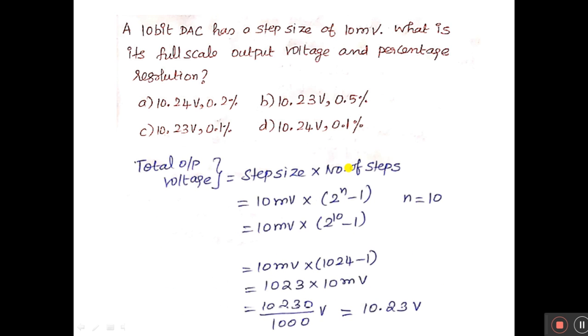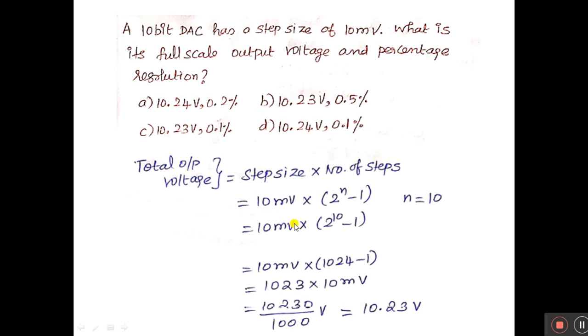You can see the solution is directly a formula, a very simple one. The question is the full scale output voltage. The formula is step size multiplied by number of steps. Number of steps is 2 power n minus 1, where n is 10 bit. The step size is also given, 10 millivolt.